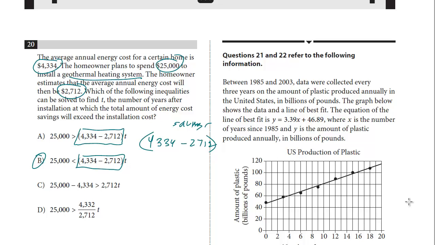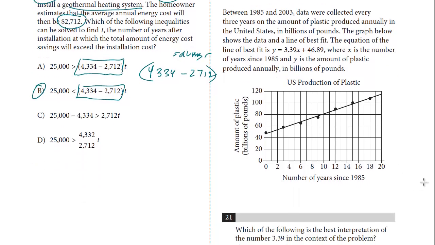All right, let's take a look at question 21. I'm going to do 22 as well. Between 1985 and 2003, data were collected every 3 years on the amount of plastic produced annually in the U.S. in billions of pounds. The graph below shows the data and a line of best fit. The equation of the line of best fit, where X is the number of years since 1985 and Y is the amount of plastic produced annually in billions of pounds.